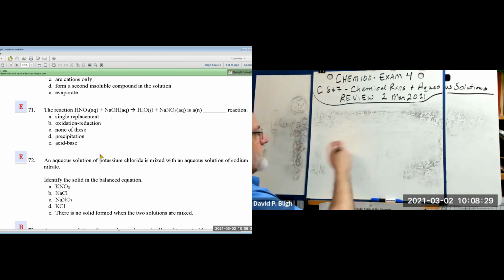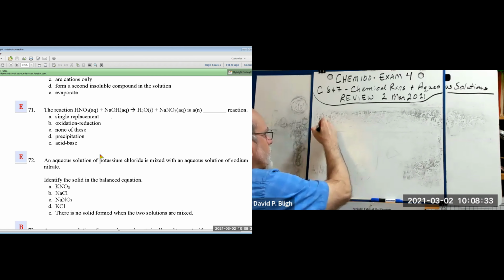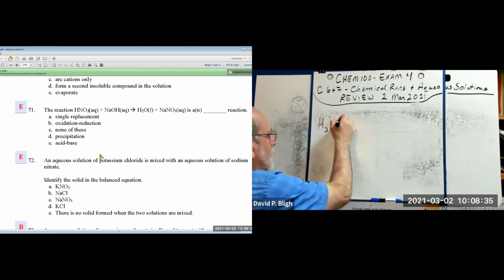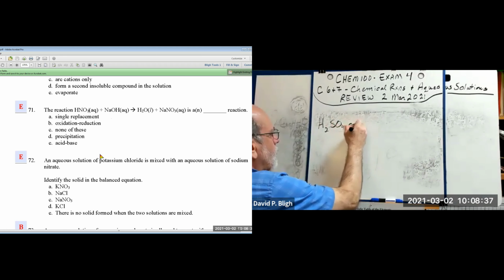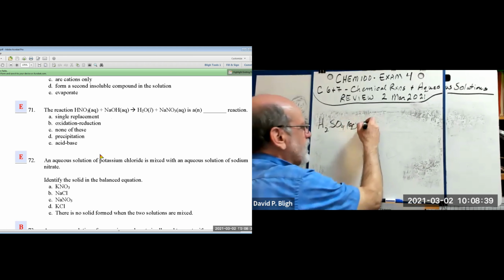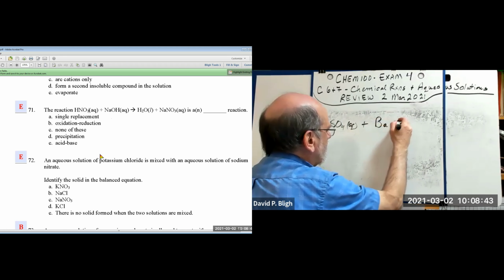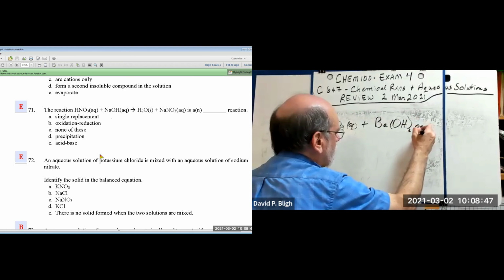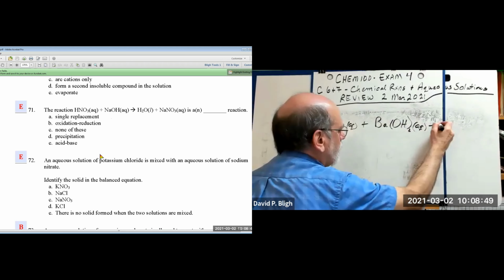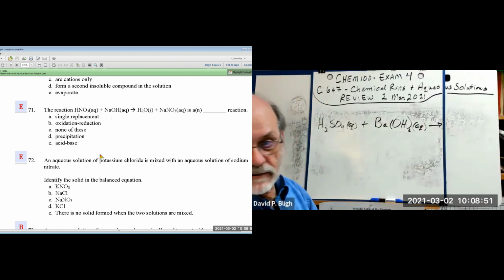But if we have this one, let's see if I can remember. Sulfuric acid. Okay. And we react that with barium hydroxide. They're both soluble.